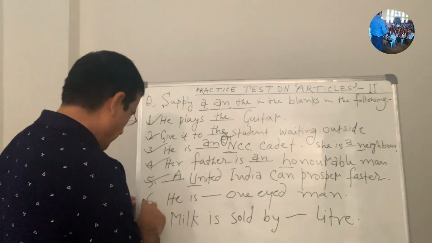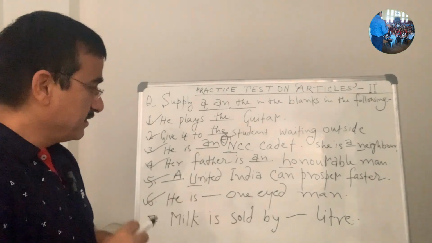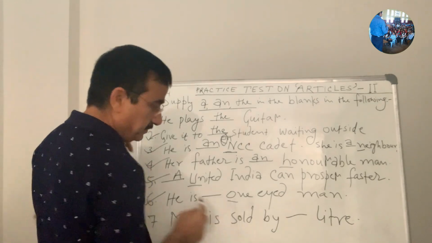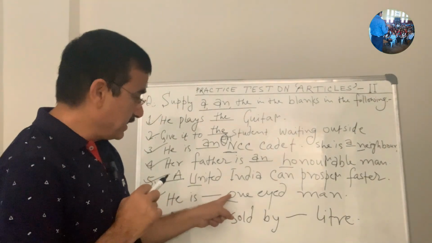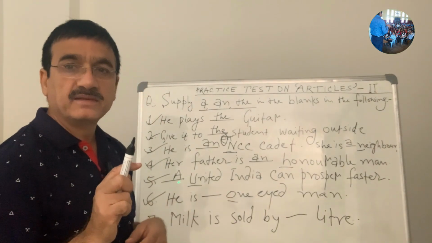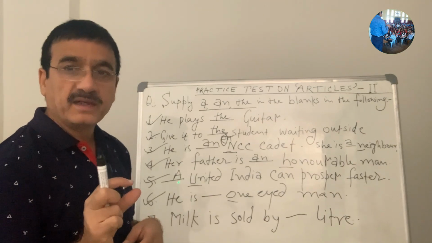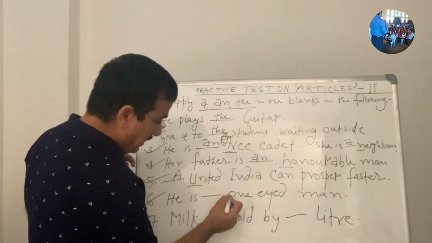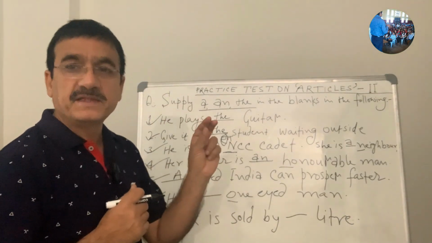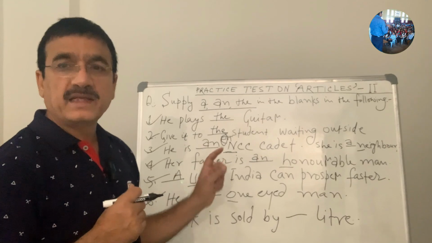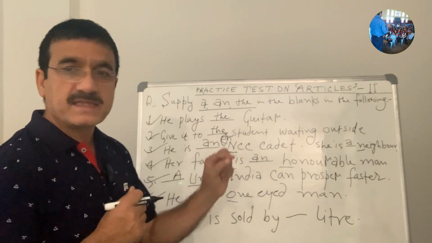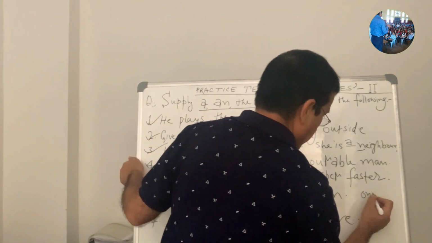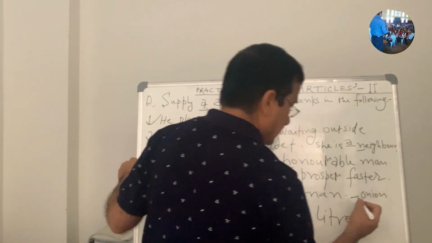Next, he is blank one-eyed man. So here, one. When O equals wo, as in one, not on, then wo is a consonantal sound. Even if the letter O is a vowel, it is producing the wo sound, which is consonantal. But when it is onion, compare onion, what will come before this onion?